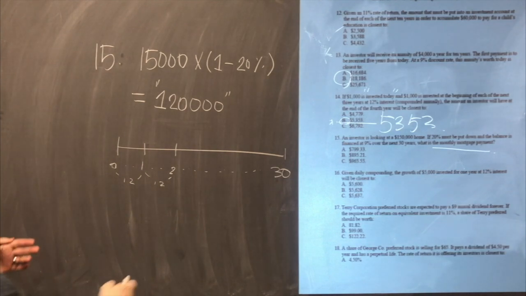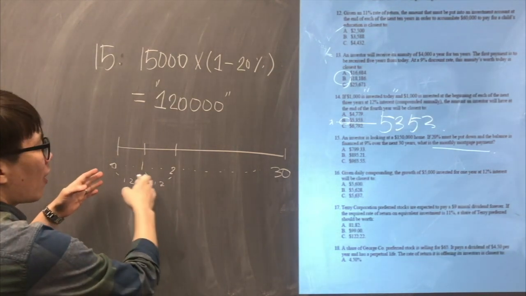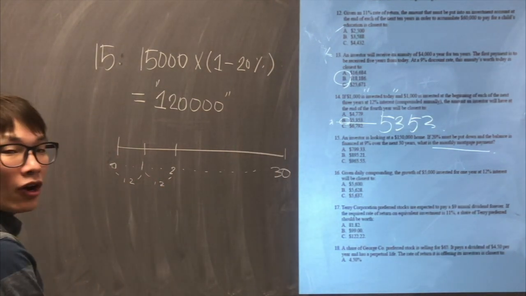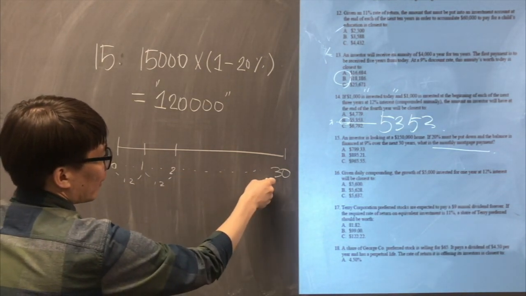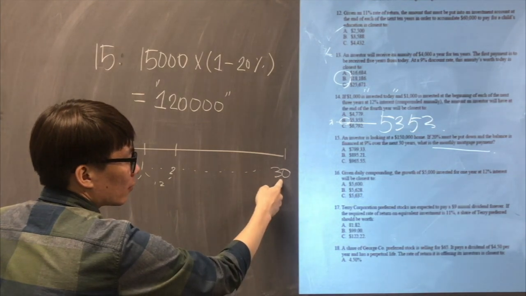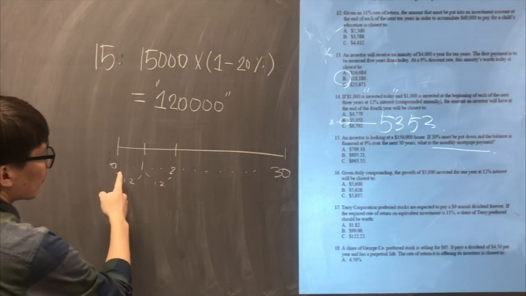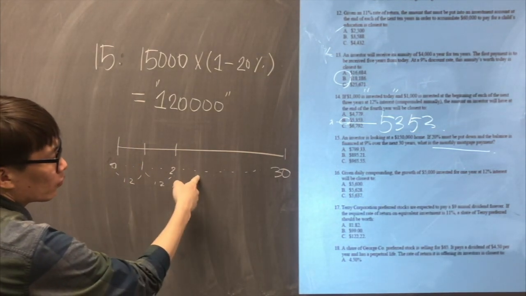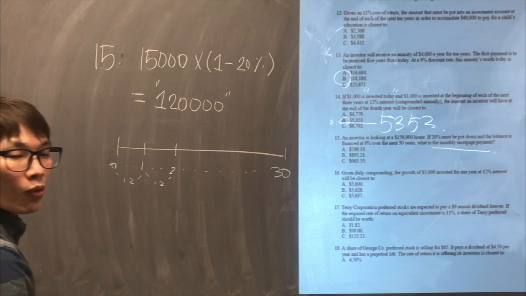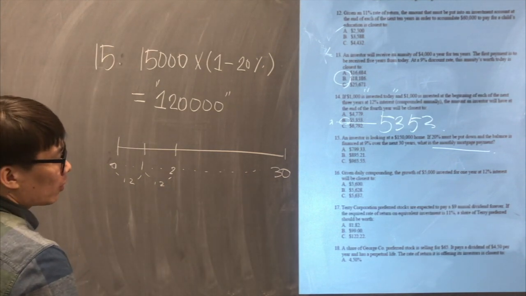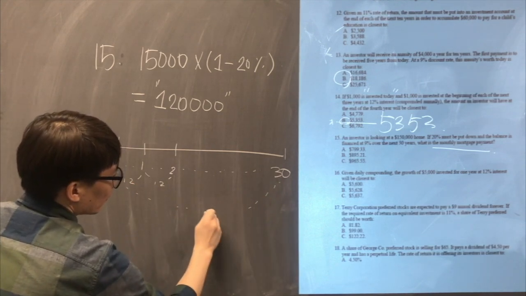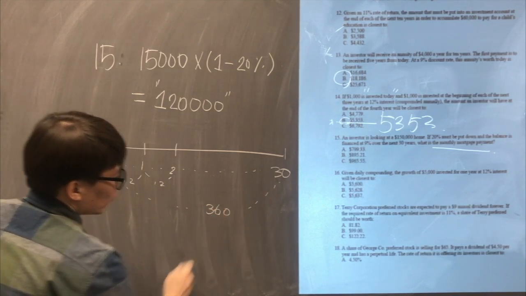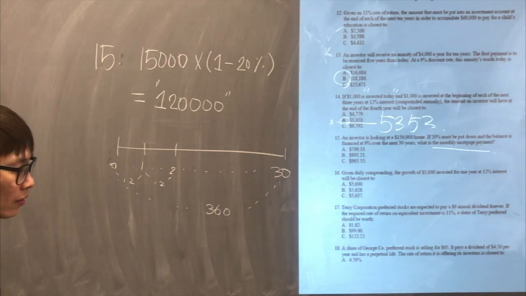So basically, yearly we have how many payments? 30. 1, 2, 3, 4, 5, 6, 7, 8. 30 payments. Monthly payment? 12, 12, 12, 12. So over 30 multiplied by 12, overall 360 payments, right?